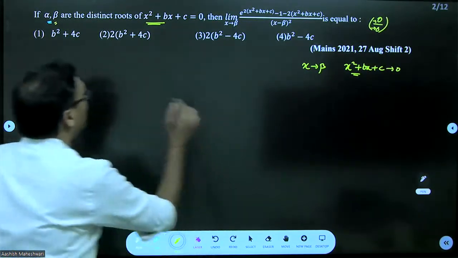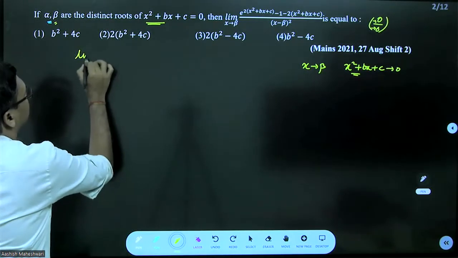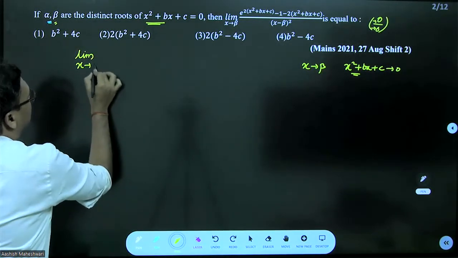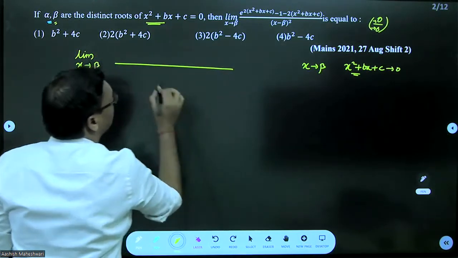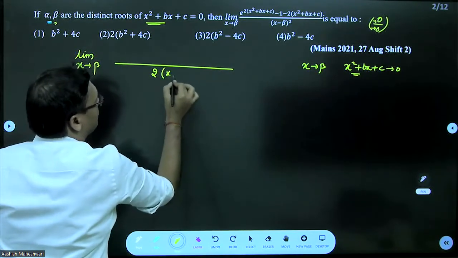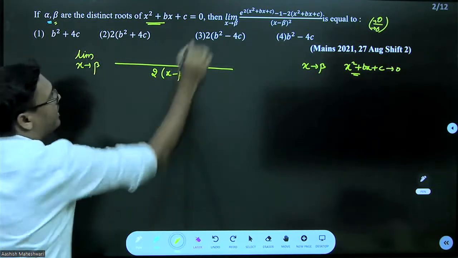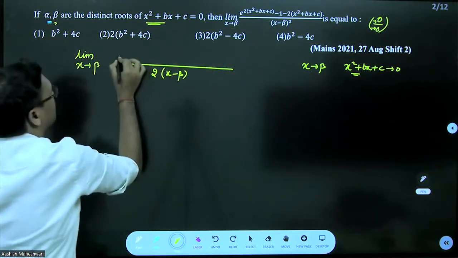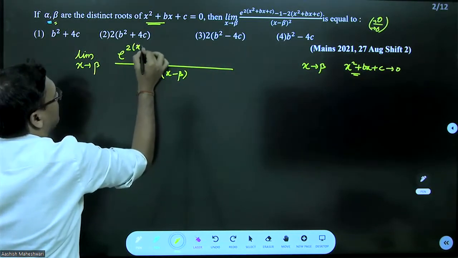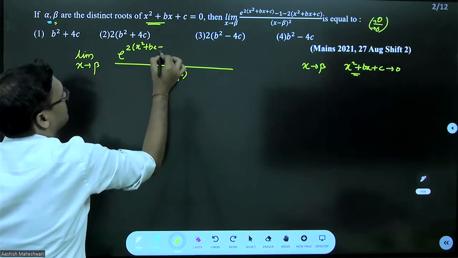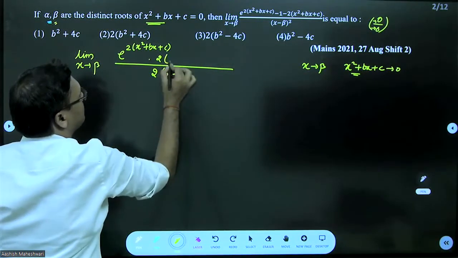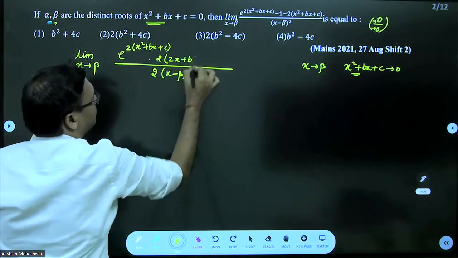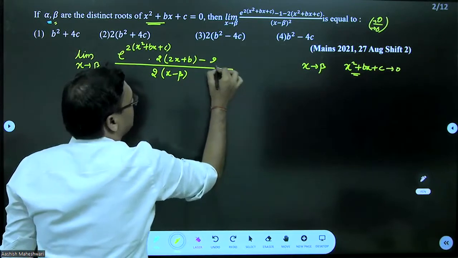So if I apply L'Hopital here, you can see this is limit x approaches beta. If I differentiate the denominator, this is 2 times x minus beta, and if I differentiate the numerator, this is e raised to 2x square plus bx plus c into the derivative of this, which is 2 times 2x plus b. Derivative of 1 is 0 minus 2.